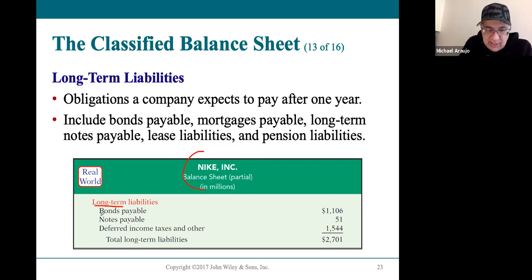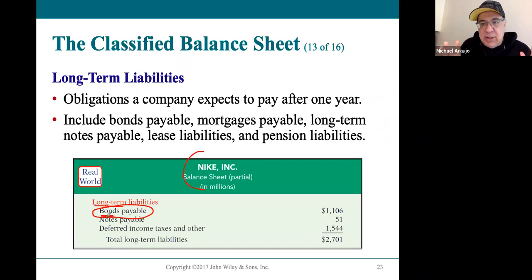Now, here's an interesting account that you haven't seen yet called bonds payable. What is a bond? A bond is simply a loan from investors. So you probably have heard about the stock market, and there's something called a bond market. The bond market is where lenders go, where investors go to lend their money.